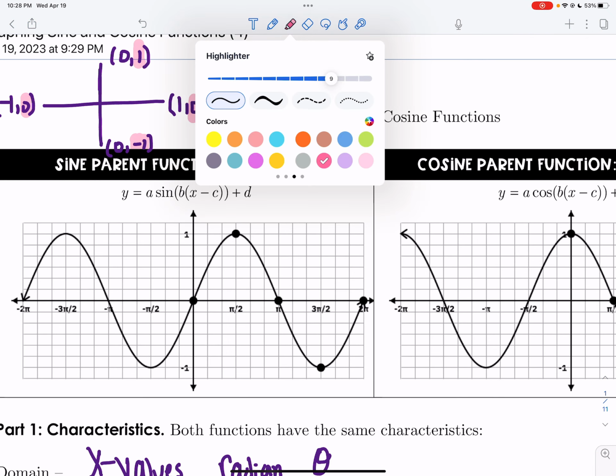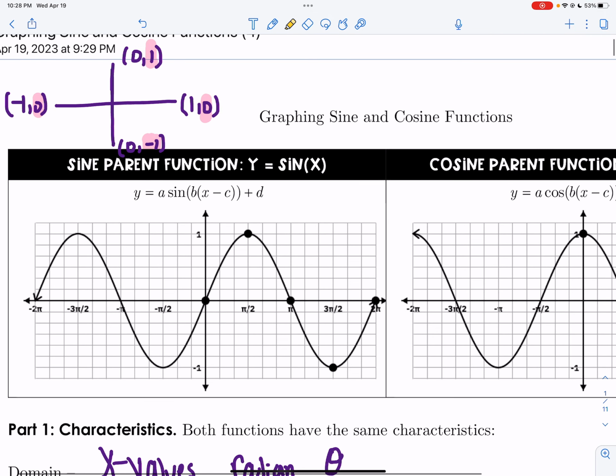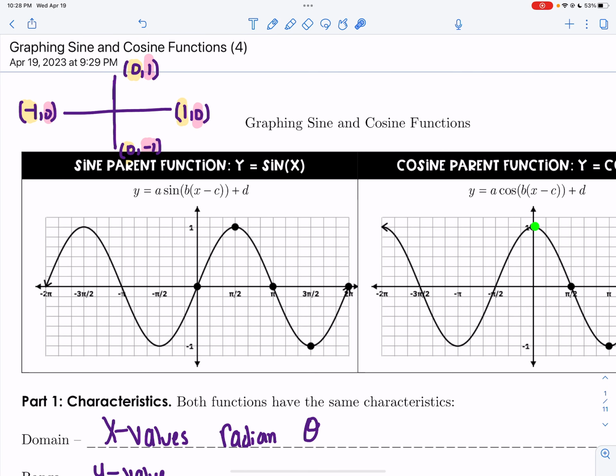If I were to look at my cosine function, where it represents my x, notice how I start high because I start off at 1 whenever I have 0. And then at pi over 2, I have 0. At pi, I have negative 1.